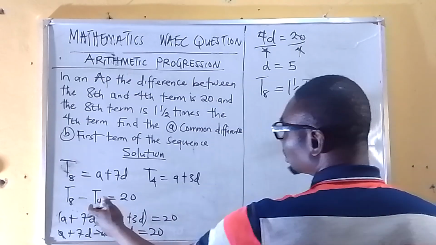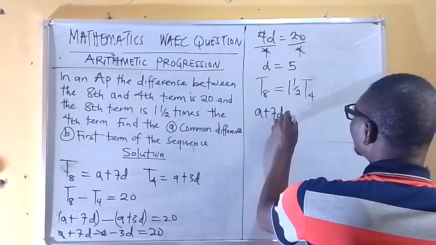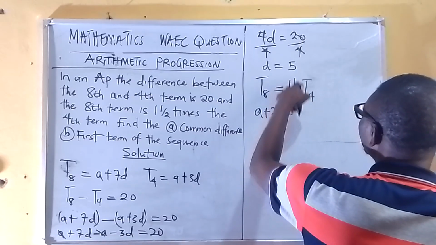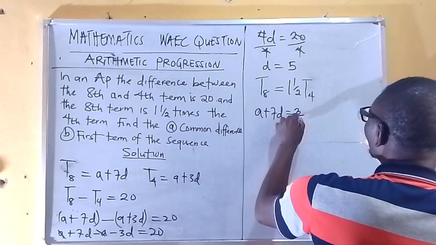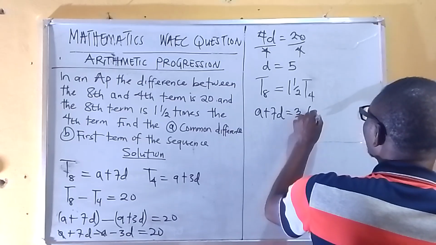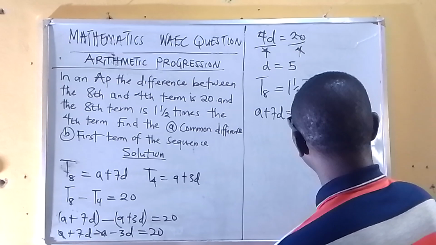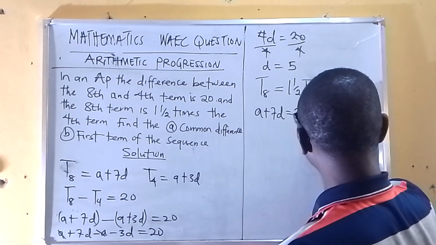Now, of course, we know that the 8th term is just a plus 7d, which is equal to, if I simplify this mixed fraction, changing it to an improper fraction, 3 over 2 times the 4th term, which is a plus 3d.